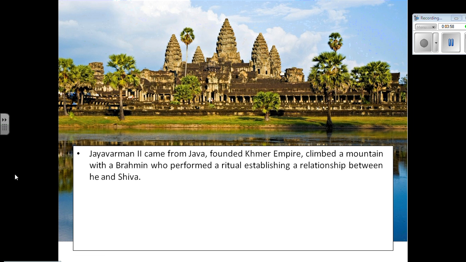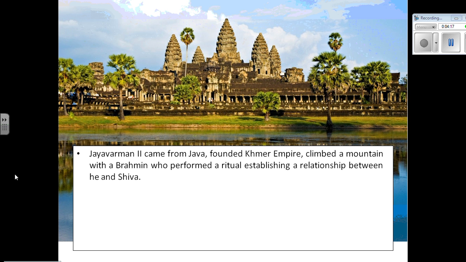So a little bit of history. Jayavarman comes from Java. Remember, we're in Cambodia now. So he comes from elsewhere, comes to Cambodia and founds a new power, and this is the beginning of the Khmer Empire.